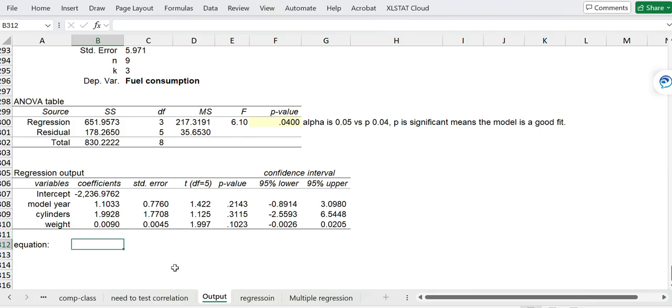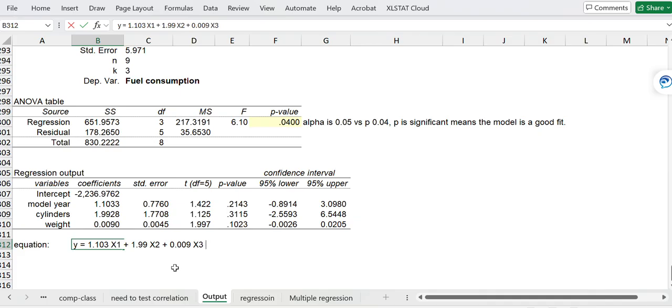So how will my equation look like? My equation, y is equal to, I have to take the first one, model year, right? 1.103. I will multiply it by x1, plus 1.99 x2, plus 0.009 x3.